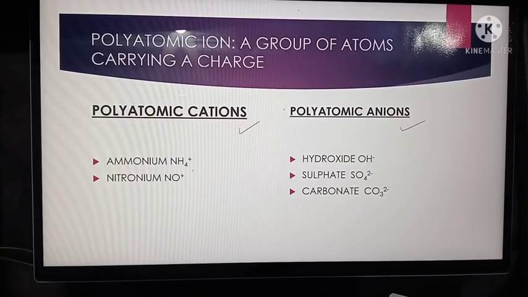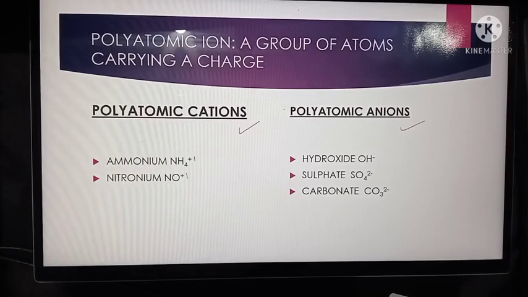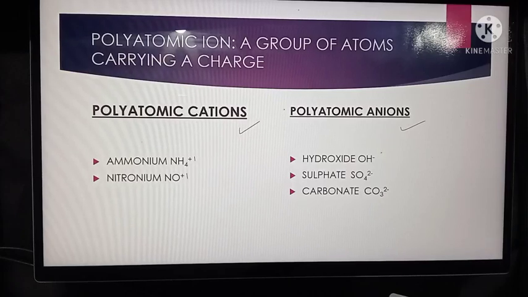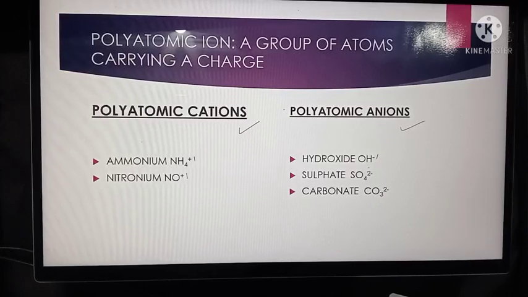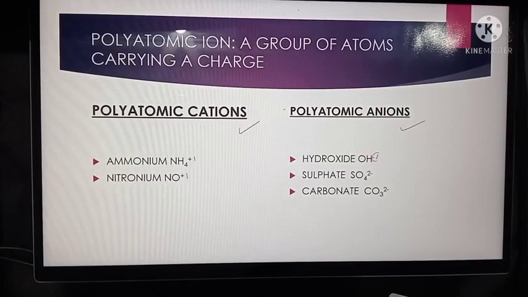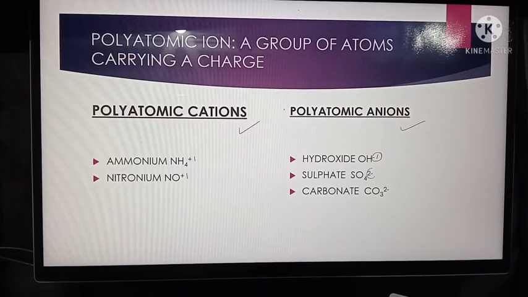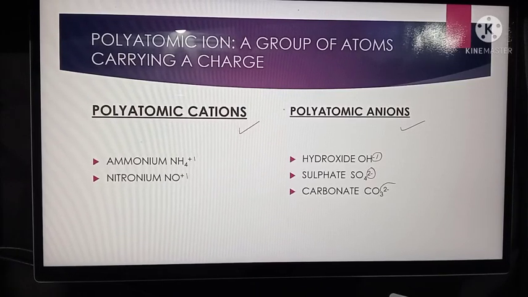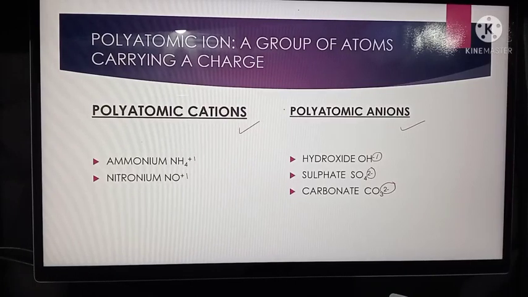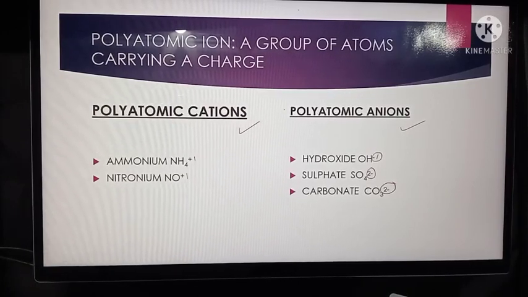If it is +1, it will not be written, but it should be understood as +1. Similarly, hydronium is +1. Hydroxide is a negative ion, OH -1. SO4 is -2. So what is the valency here? Valency is -1. Here it is -2. What is the valency of carbonate? -2. Okay, so like that the valencies will come.